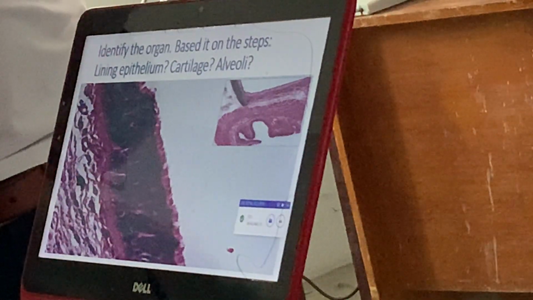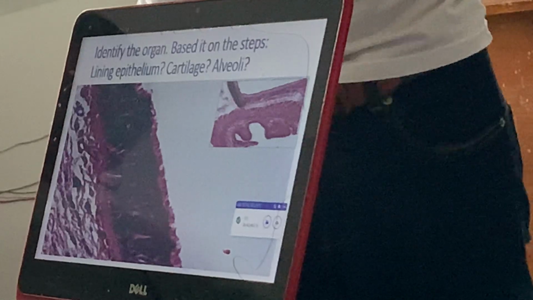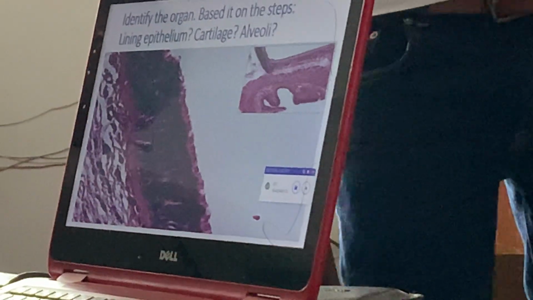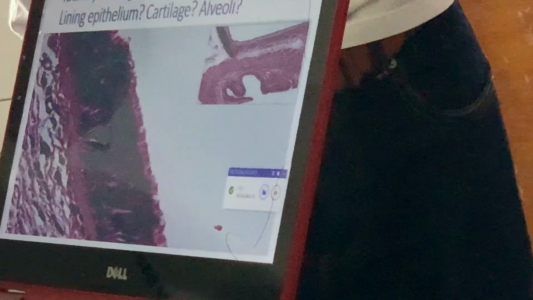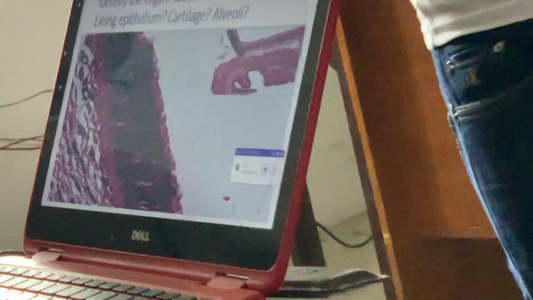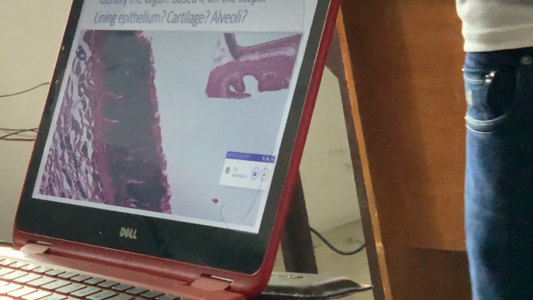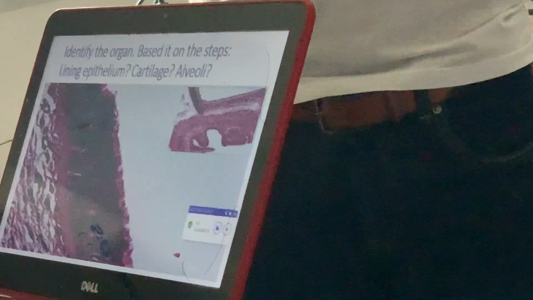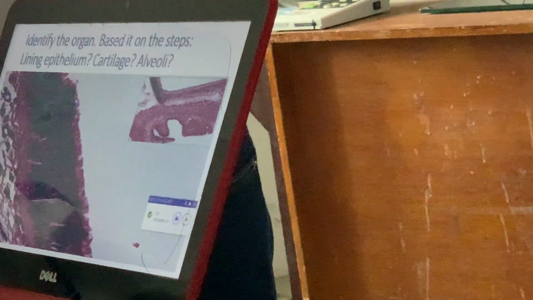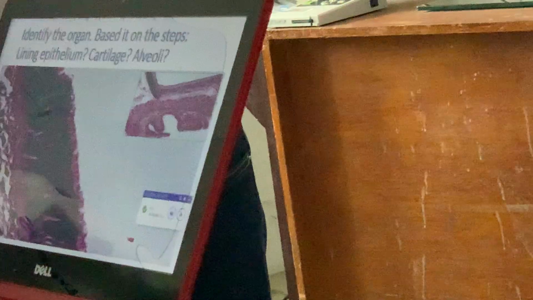What is this organ? What is this organ? What is this organ? Back to step 1. So this is step 1.